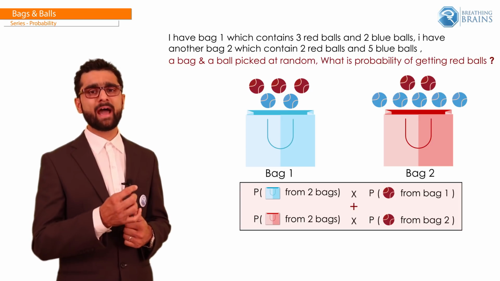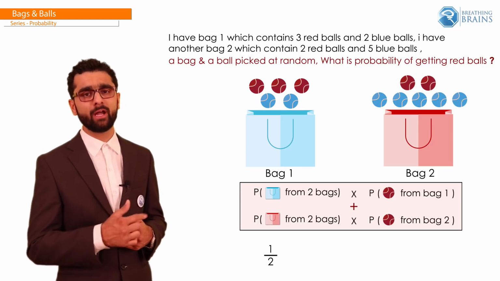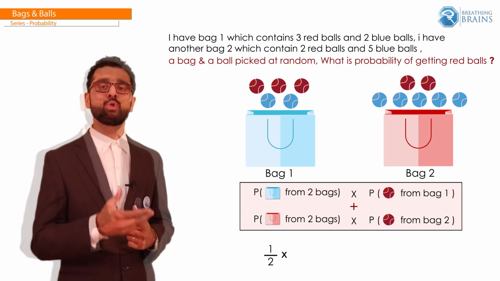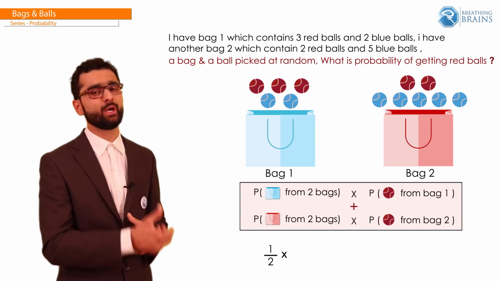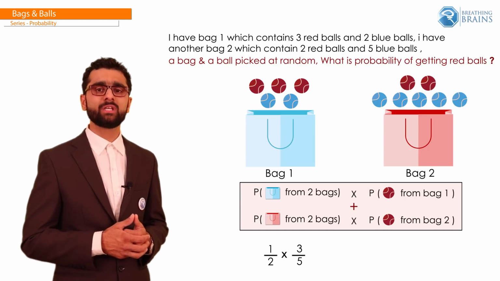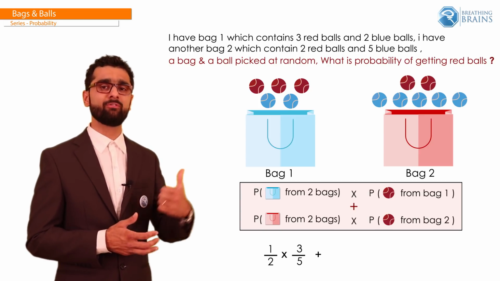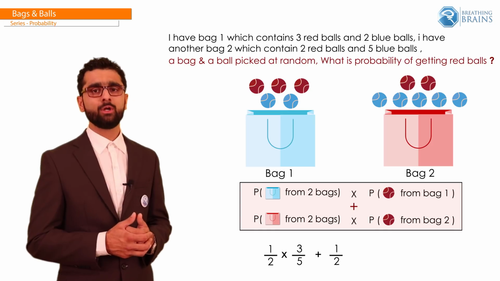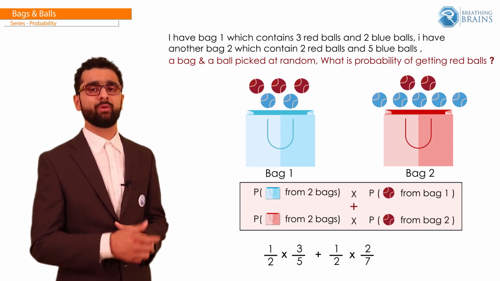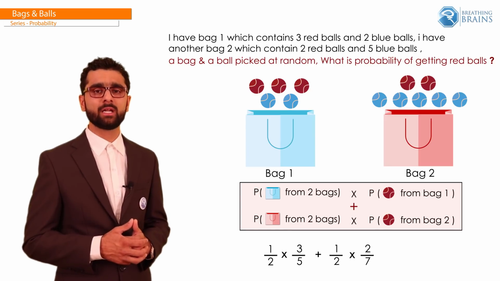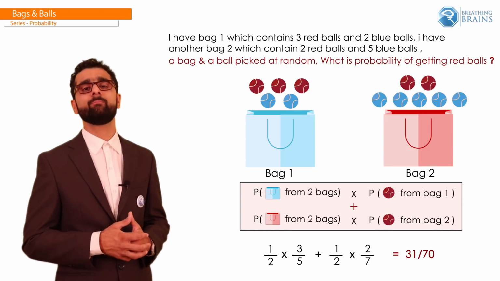So to select bag 1 from 2 bags, we have 1 by 2, into, to draw 1 red ball from bag 1, we have already seen it is 3 upon 5, plus, to select the second bag from 2 bags, we have again 1 by 2, into, to select the red ball from bag 2, we have 2 by 7. When you calculate this, you will get the final answer as 31 upon 70.